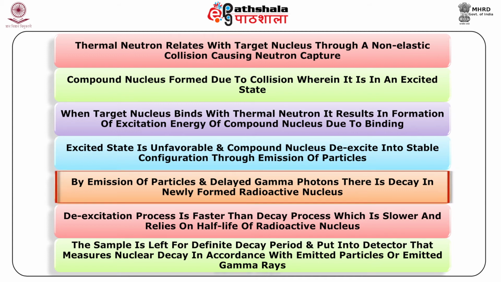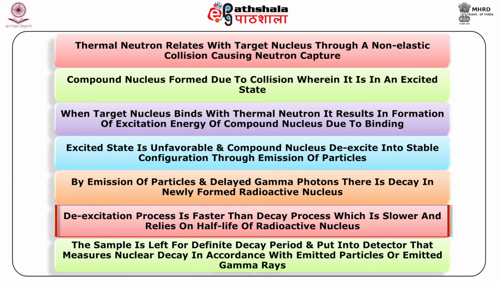By the emission of particles and delayed gamma photons, there is a decay in the newly formed radioactive nucleus. The initial de-excitation process is much faster than the decay process, which is comparatively slower and relies on the typical half-life of the radioactive nucleus.